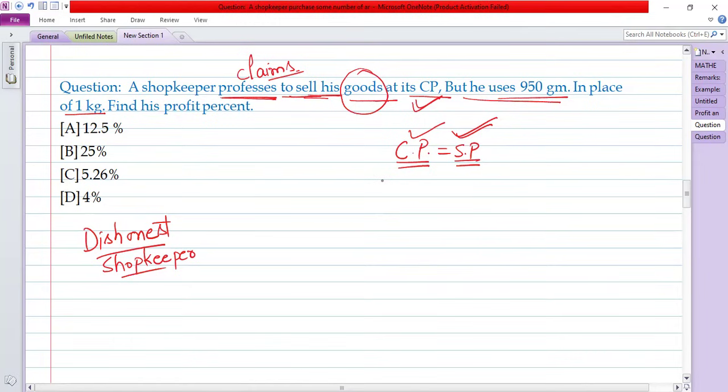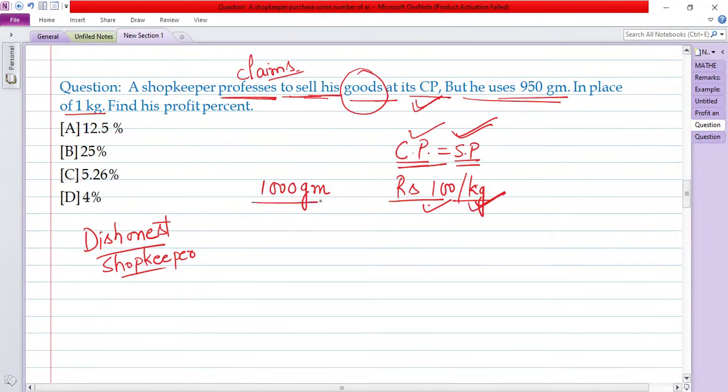Let rupees 100 per kg be the cost price. Now this rupees 100, obviously it is for how much amount? It is for 1000 gram per kg.